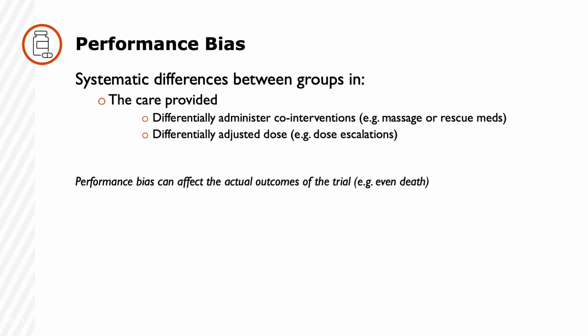So if there is some differentially administered co-intervention, such as rescue medication use or other medications used for other disease states, or if there are different schedules for adjusting dose, different dose escalations or titration schedules, this can lead to differences also between these two arms and contribute to performance bias. And it's important to recognize that performance bias can actually affect the outcomes of the trial, even alter the probabilities of mortality.